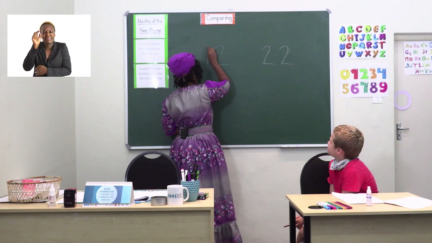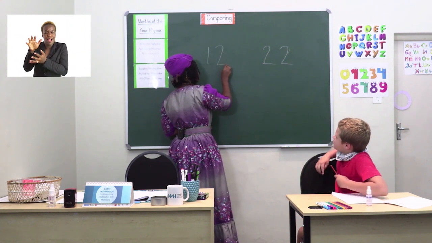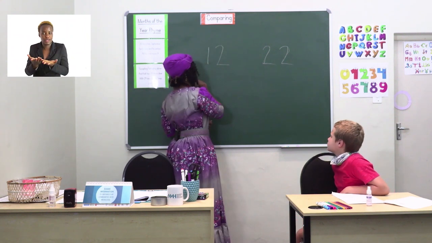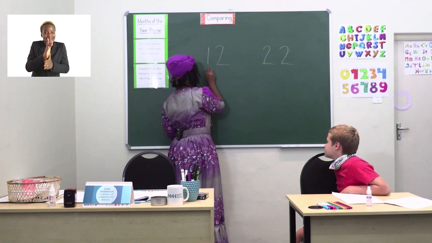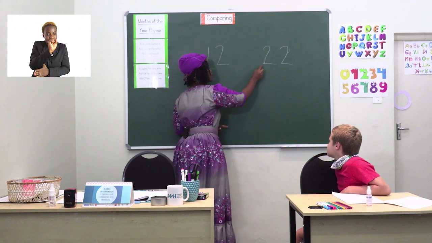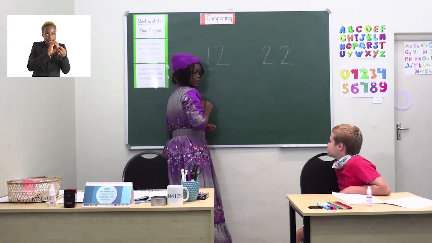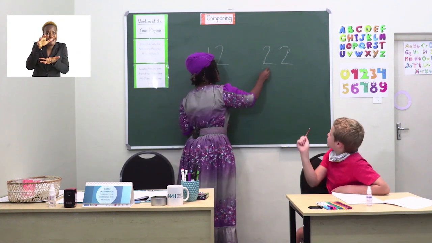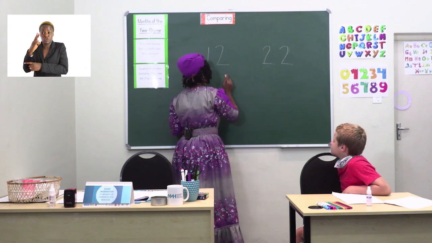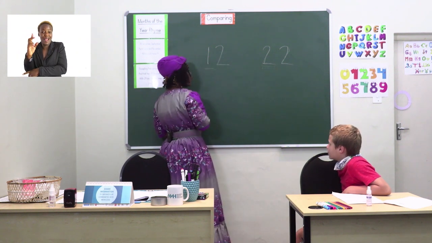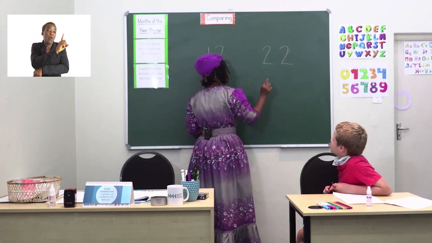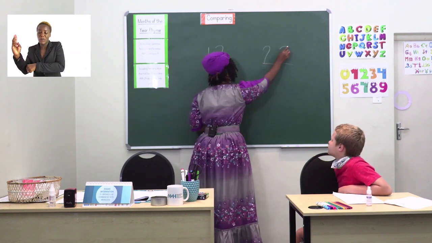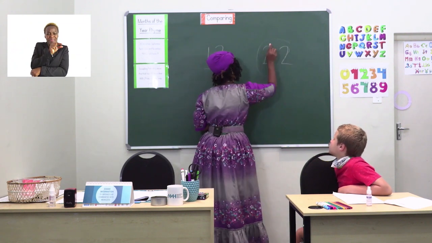How can we compare these two numbers? We first look at the numbers on the tens side. On the tens, which of these two numbers is bigger? This one, obviously, because this one has a 2 and this one has a 1. We encircle the one that is bigger, which will be 22.